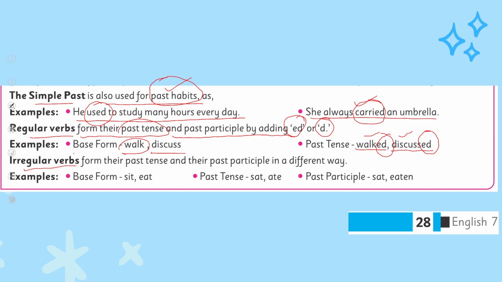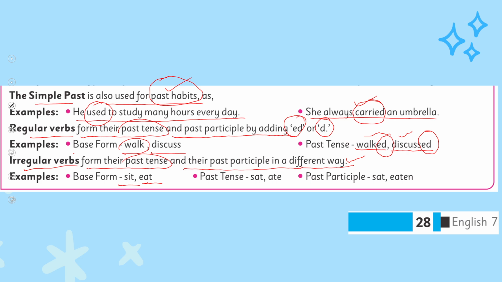So, irregular verbs form their past tense and their past participle in a different way than these two. Let's take our base form of words sit and eat. We know that their past tense and past participle are not like the one we discussed earlier. They are irregular.